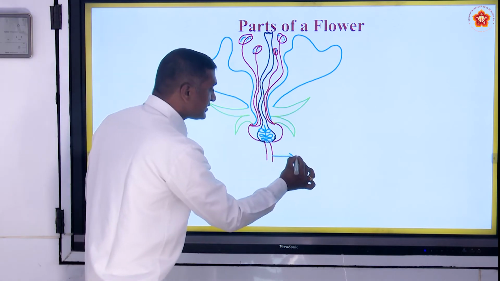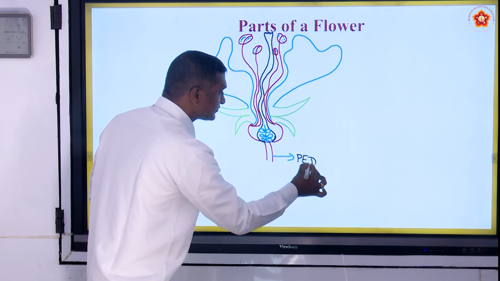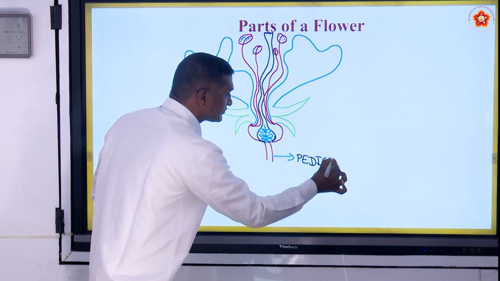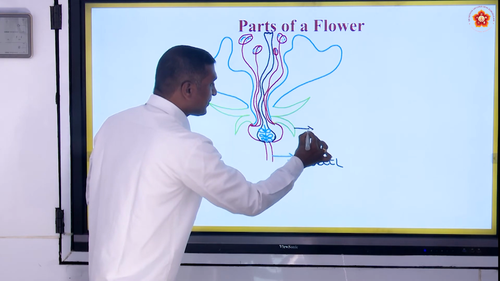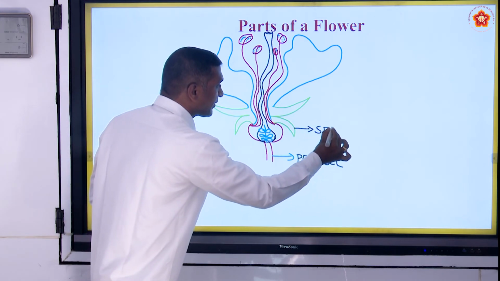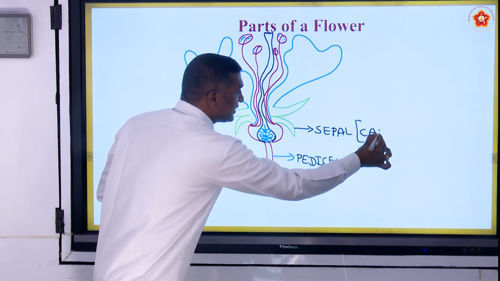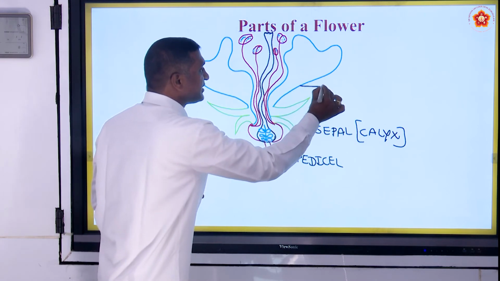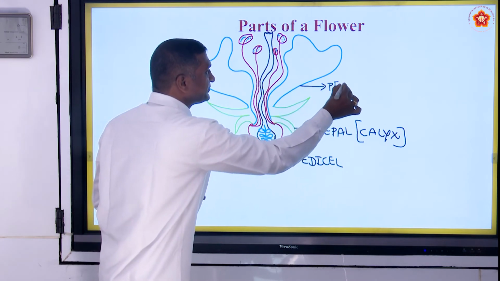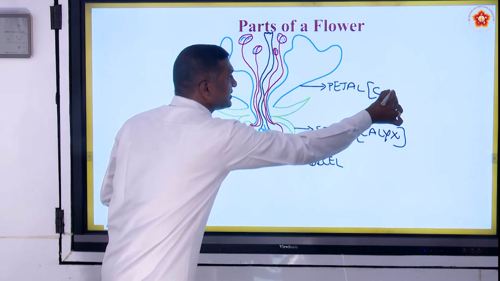So the parts, if you label them: this is called the pedicel. Then you can see the sepal, where the collection of the sepals is called calyx. Next you can see the colorful petal, and the collection of the petals is corolla.